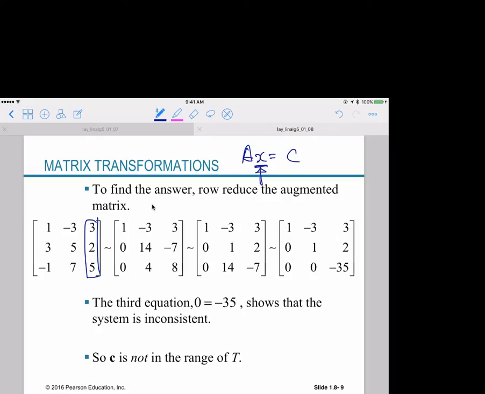This is nothing but another linear system. After converting it to reduced echelon form, we have a row of zeros with a non-zero last entry, and thus this system doesn't have any solution.